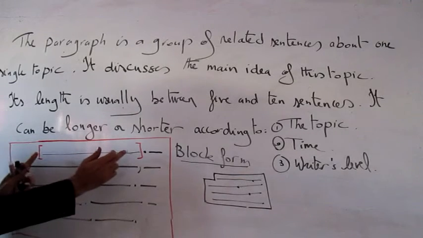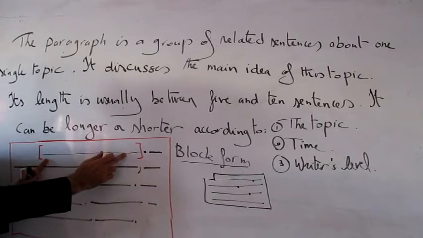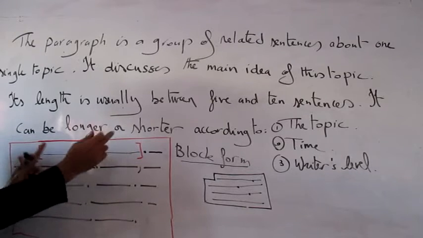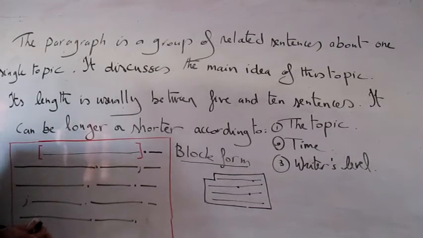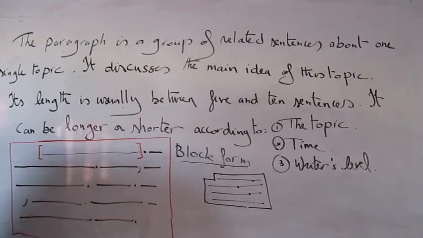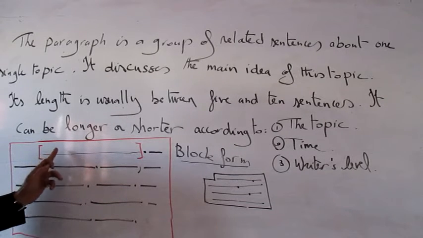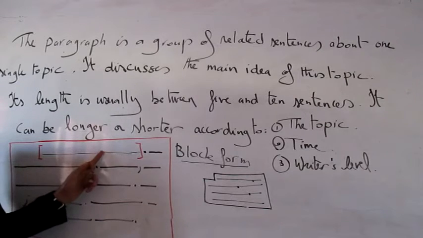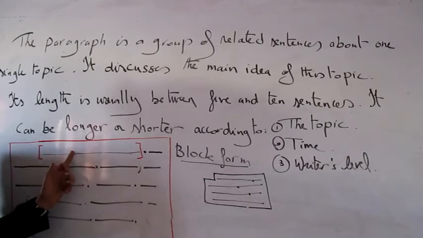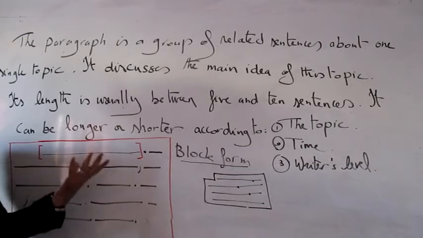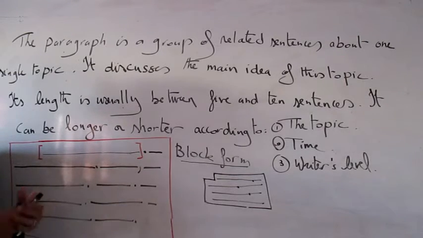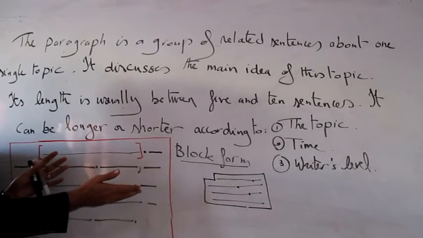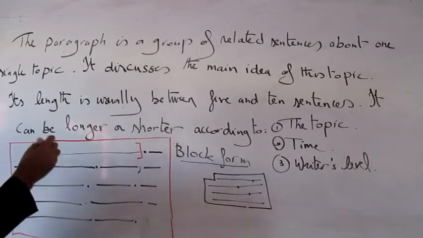So directly, in this first sentence, you have to inform the reader about the topic of the paragraph. Now, this sentence, which contains the topic and which presents the topic for the reader, is called the topic sentence.